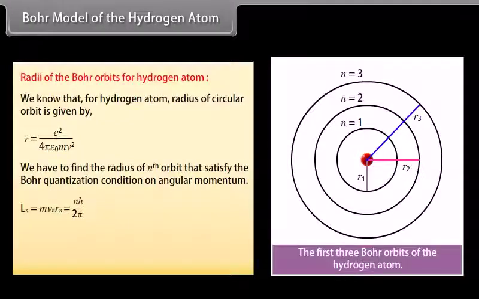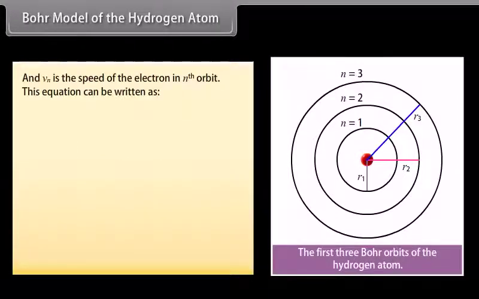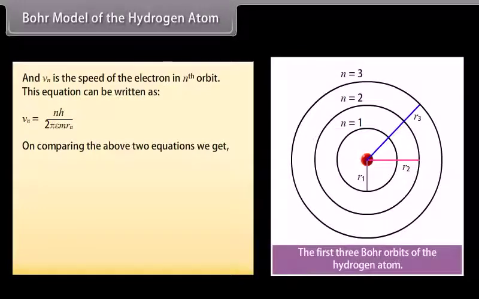Ln is equal to the product of m, Vn and Rn, which equals nh upon 2 pi, where n is equal to 1, 2, 3 and so on, and Vn is the speed of the electron in the nth orbit. This equation can be written as Vn equals nh upon 2 pi m Rn.